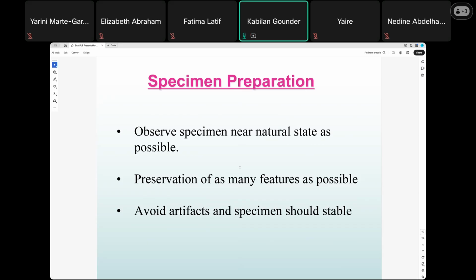Your goal is, when studying any sample, to see what is going on with the structure or in immunological studies, so you should preserve as many features as possible.